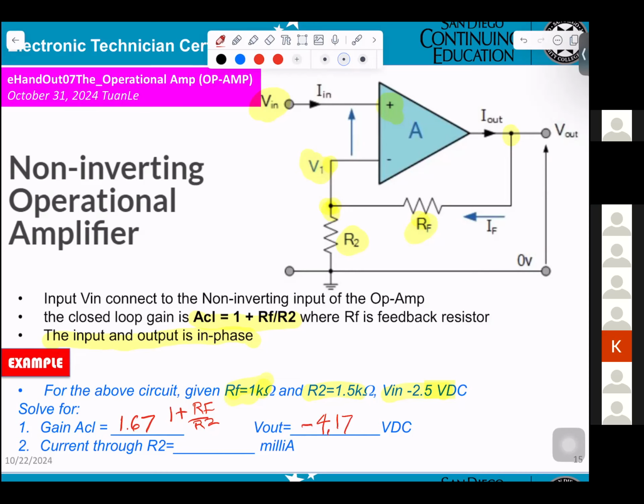And finally, they ask for the current through R2.